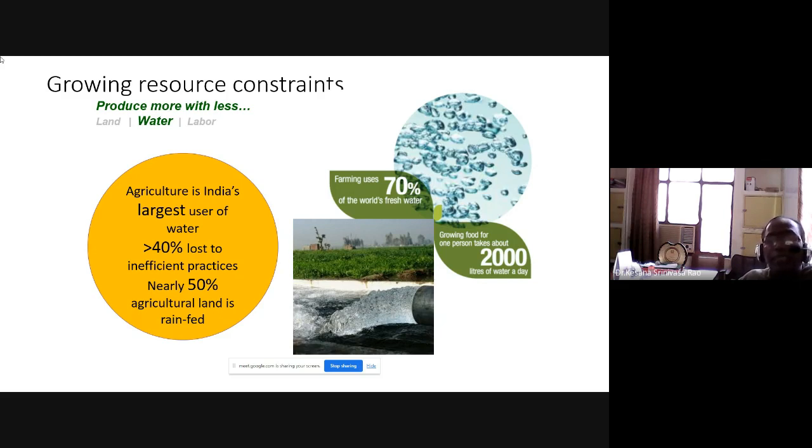If we can see that farming uses 70% of the world's fresh water, then growing food for one person takes about 2000 liters of water a day. This is the international level calculation of the water utilized for rice.